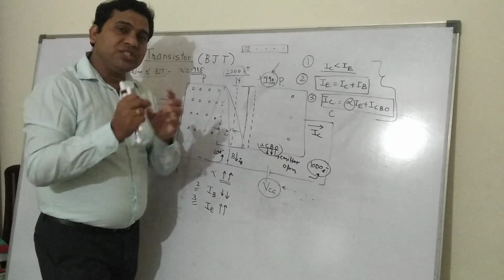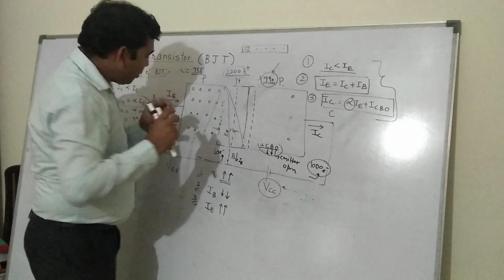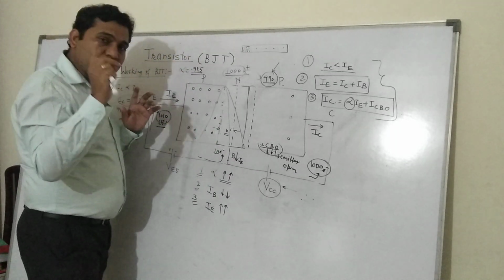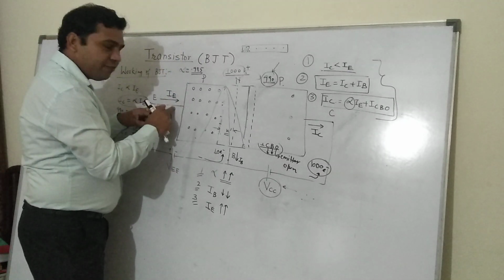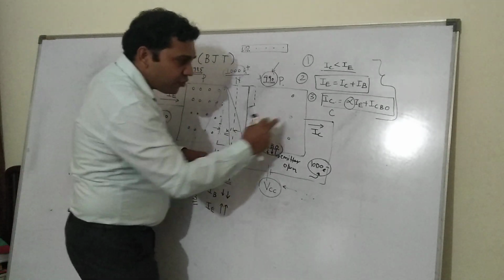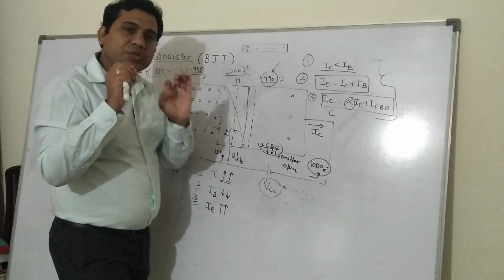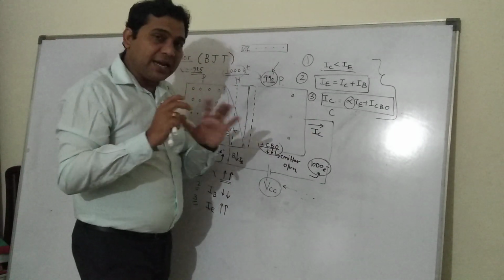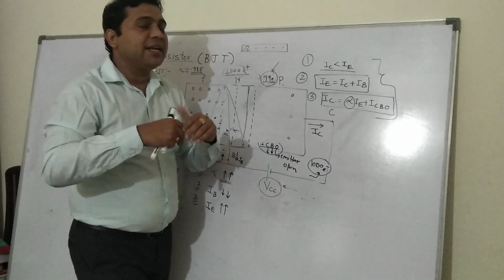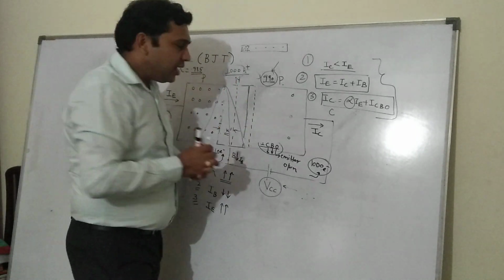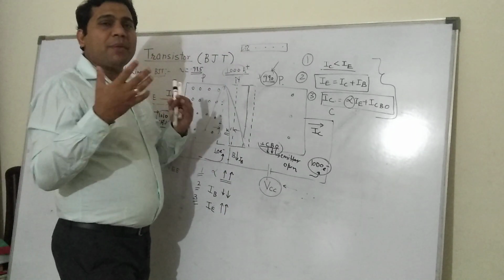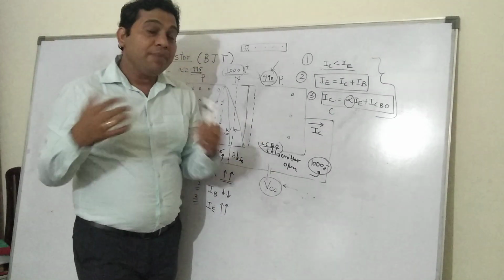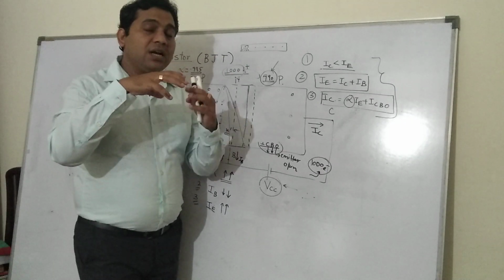So there is a convention in transistors that the currents which are entering into the transistor need to be taken always positive. The currents which are leaving from the transistor always need to be taken negative. So if in some books IB and IC are taken negative, no need to worry why they are taking negative. It's very simple. No need to remember. If we see that any current has been taken negative, it means definitely that current is flowing out from the transistor.